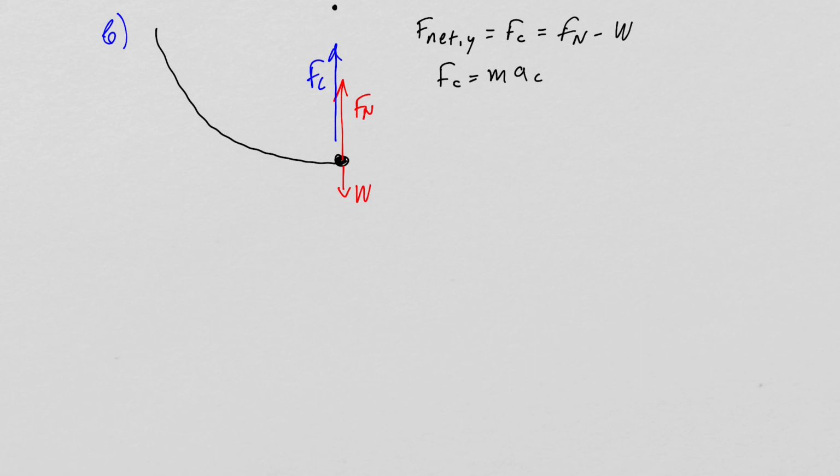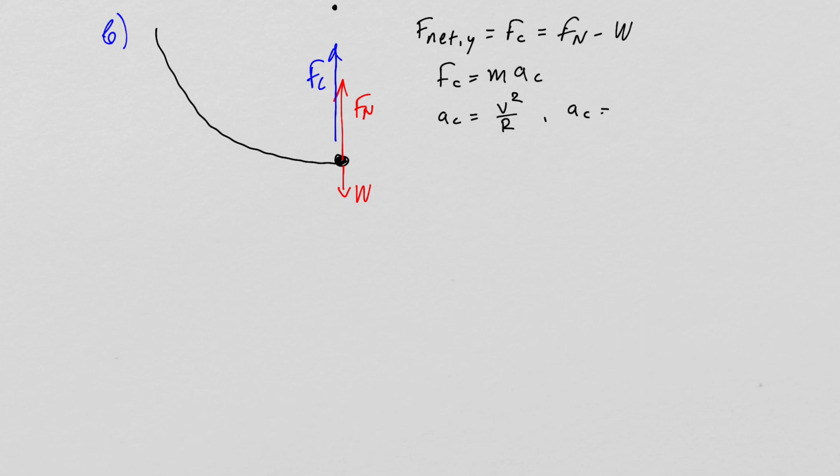For the centripetal acceleration, we have a relationship between that and the velocity of motion around the circular trajectory. The centripetal acceleration was equal to v squared divided by the radius of the trajectory. So in our problem, v is the final velocity of the boy at the bottom of the ramp.